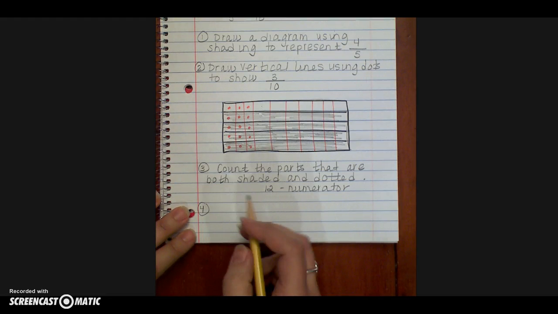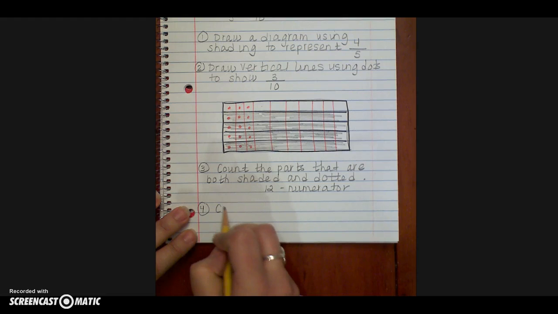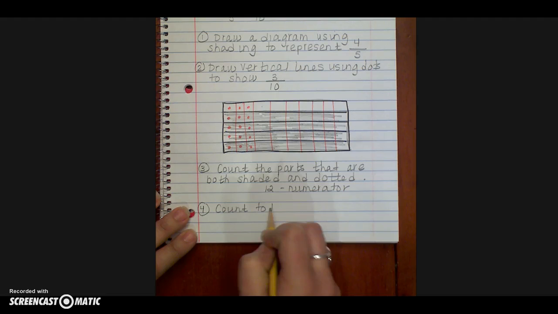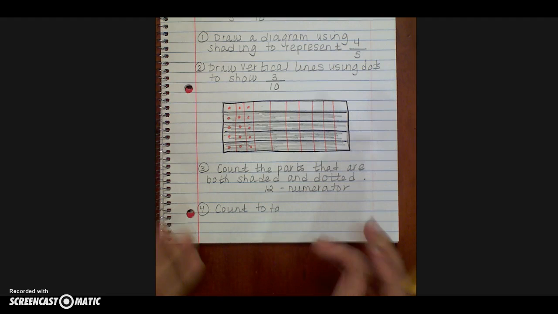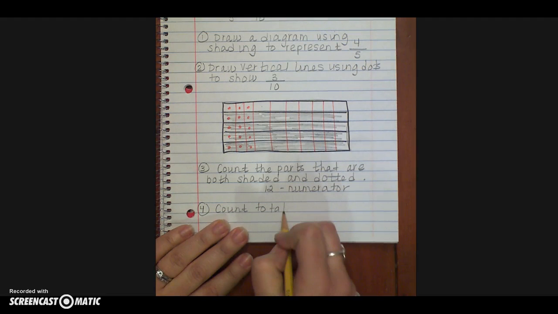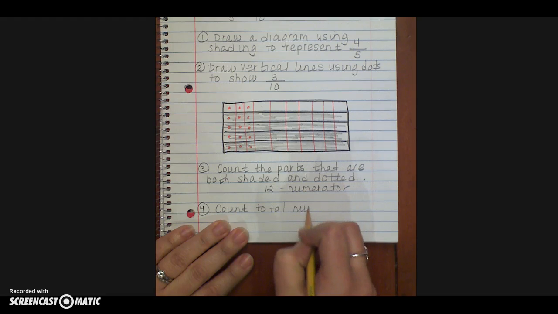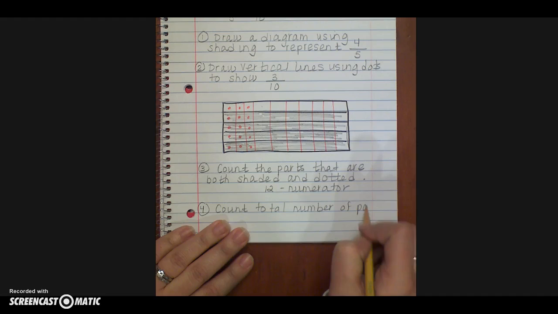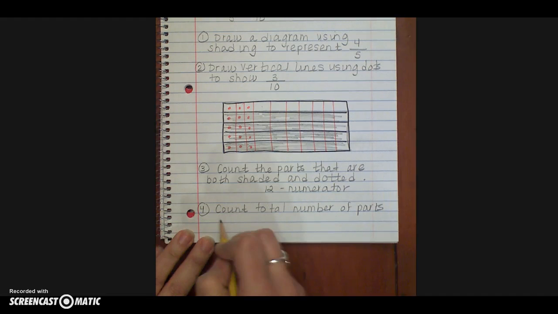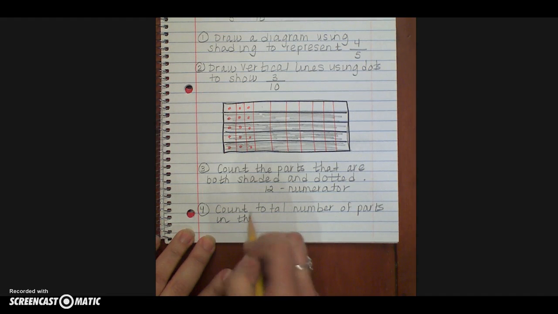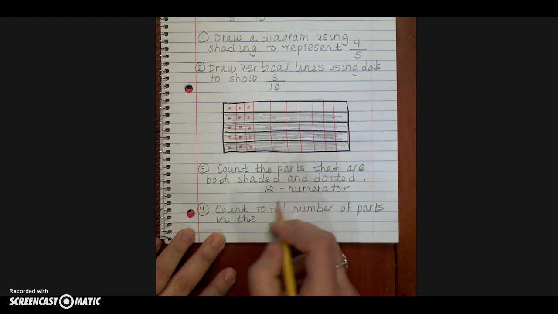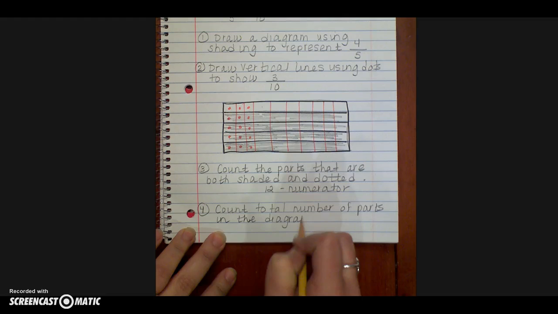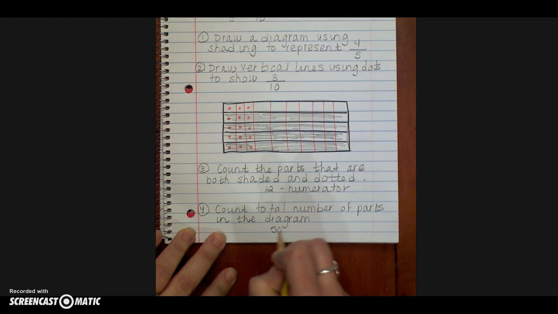Finally, I'm going to count the total number of parts in the diagram, and so in this case it is 50. That becomes the denominator.